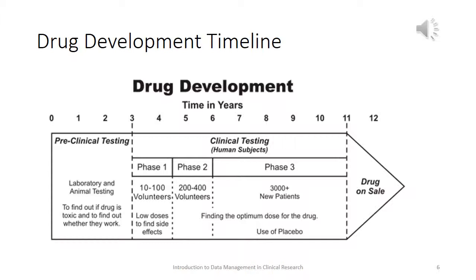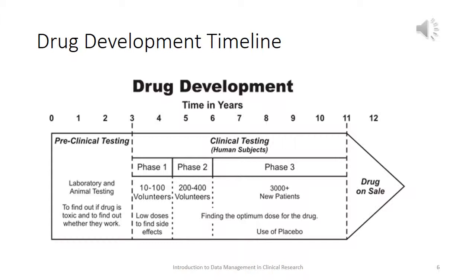Or we may want to do some type of head-to-head comparison between our drug and maybe a drug that's already on the market. So we may see those in our phase 3 trials as well. We've got larger populations of patients. This is where we're really going to hopefully collect the data that's going to give us a chance to submit this data to the regulatory authority, to the FDA, and hopefully they'll approve it.